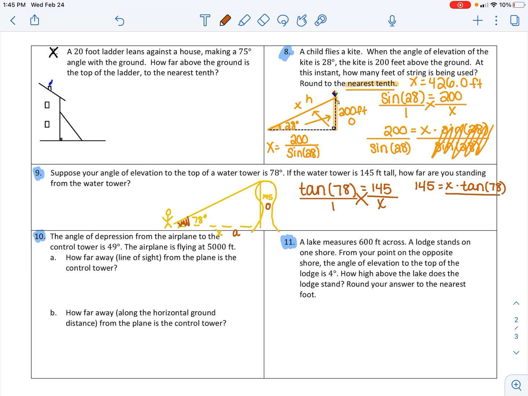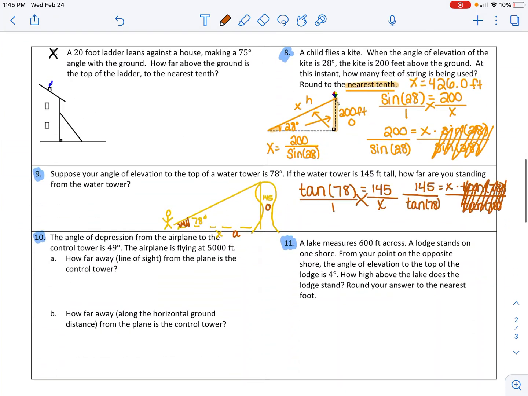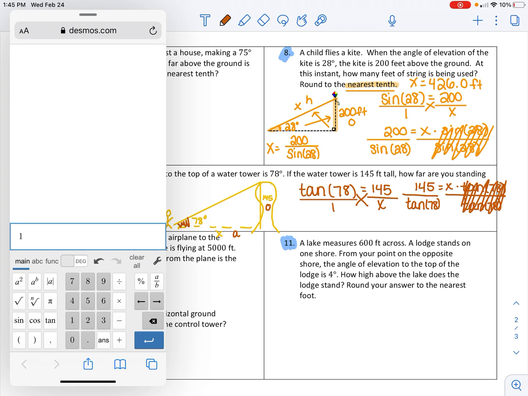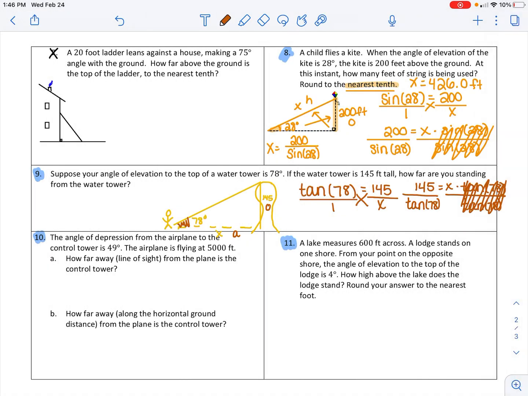To get x by itself, I'm going to go ahead and divide by the tangent of 78. And let's go ahead and cancel out those tangents. Oops, sorry guys. And we're going to say 145 divided by the tangent of 78. And that's going to give me 30.82. If we round that to the nearest tenth, it's going to give me 30.8. And that's going to be feet.